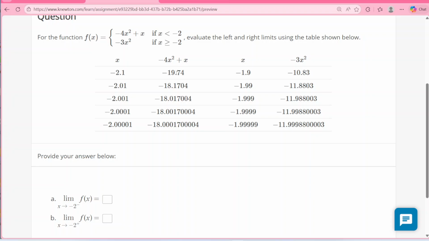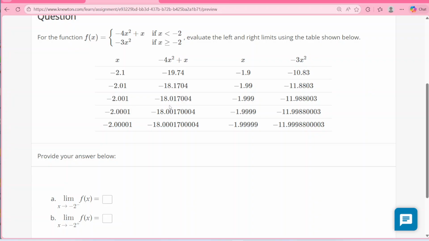Plugging these values into that top expression. See how the outputs go from -19.74 to -18.71704 and so on. Then when x is -2.00001, the output is -18.001. You can see the pattern here.